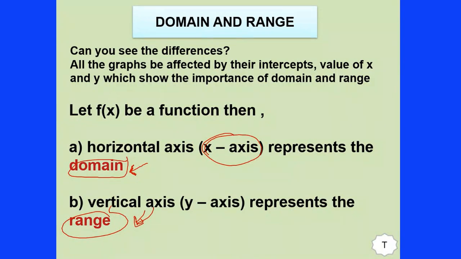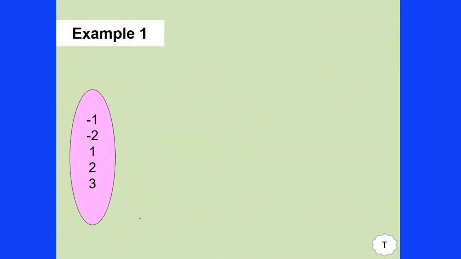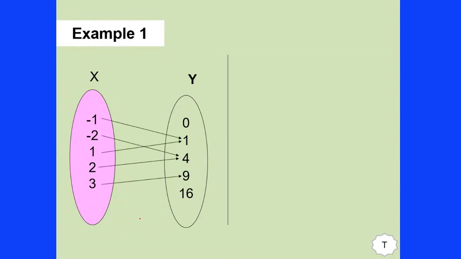Okay, so example 1 again. This purple one, x, is the domain. The green one is y.